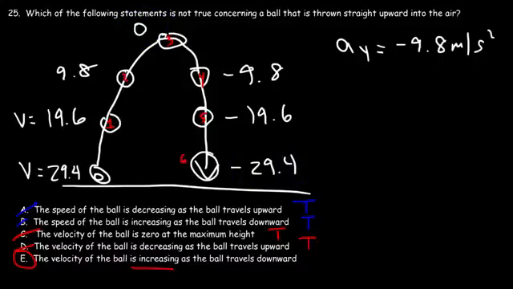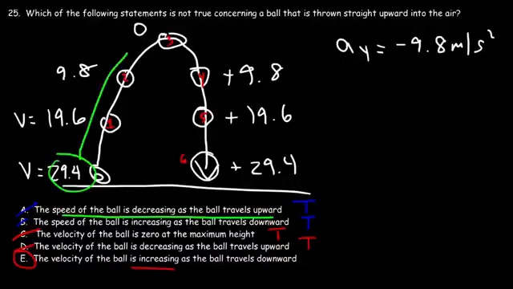Now, speed is the absolute value of velocity. So if we turn these values into values for speed, the left side won't change, but the right side will simply become positive. So now, answer choice A says the speed is decreasing as the ball travels upward. That is true. As we go from 29.4 to 0, the values are decreasing.